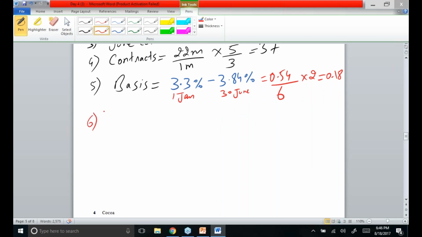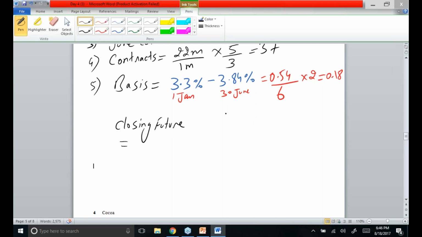And the closing future is equal to closing spot plus minus the remaining basis.